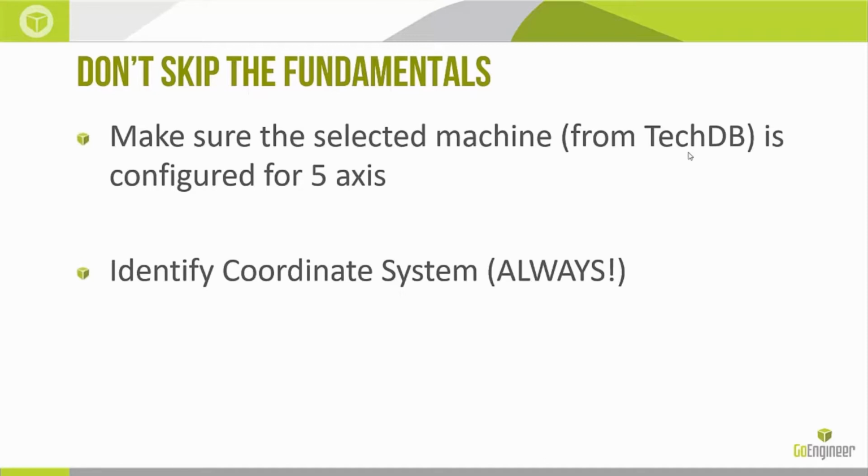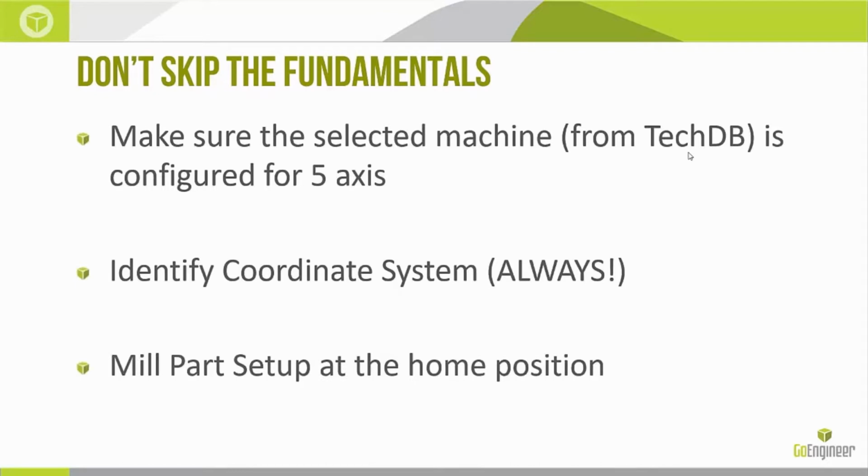So I really try to establish that as something you always do in CAMWorks, regardless of what you anticipate you might be doing. And then lastly, putting the mill part setup that we program some of these complicated features in as our home position on our machine, as 0, 0 on our rotational and tilt axes.